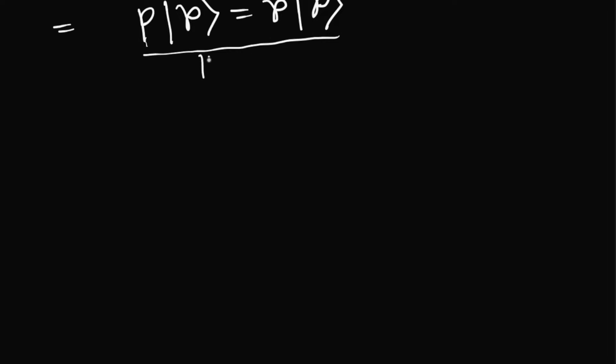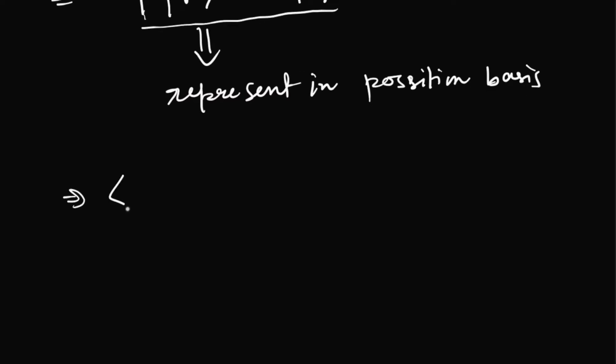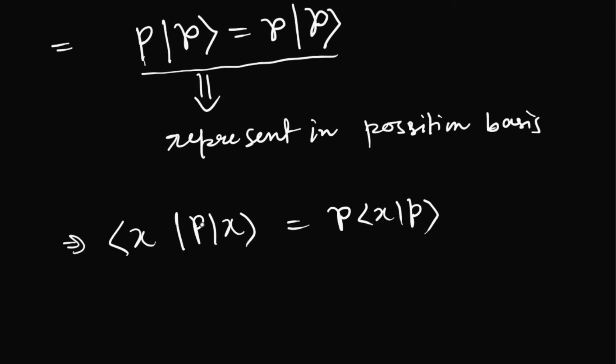Now let us represent it in position basis. Now let's do that. ⟨x|P|p⟩ equals p⟨x|p⟩.